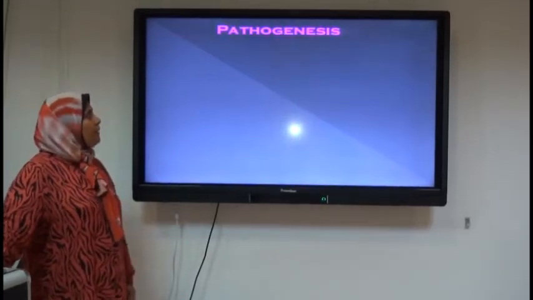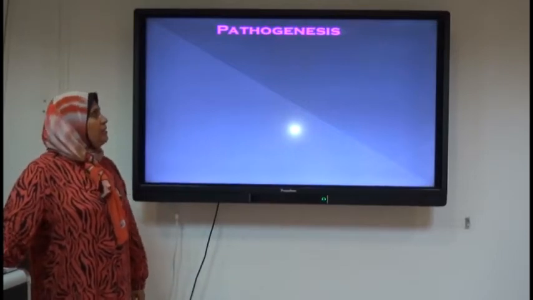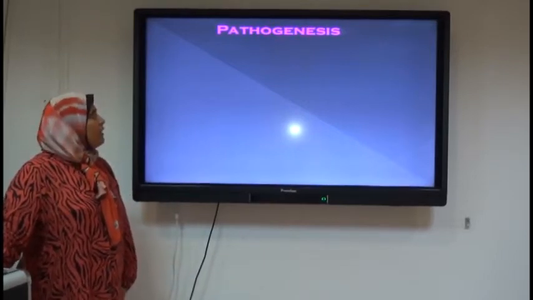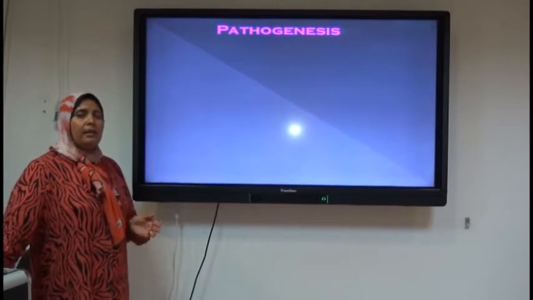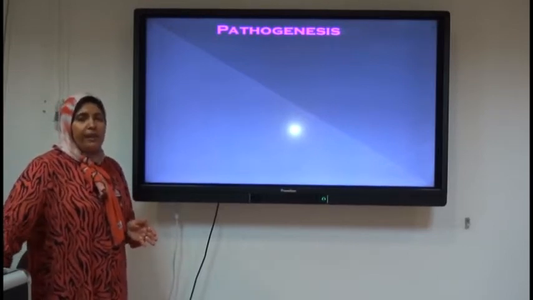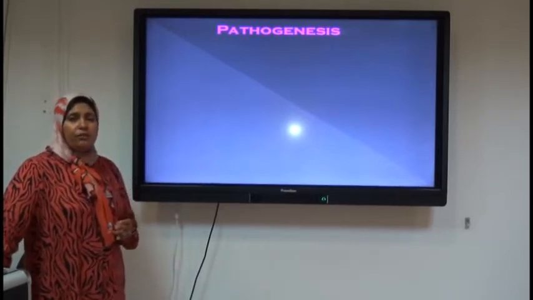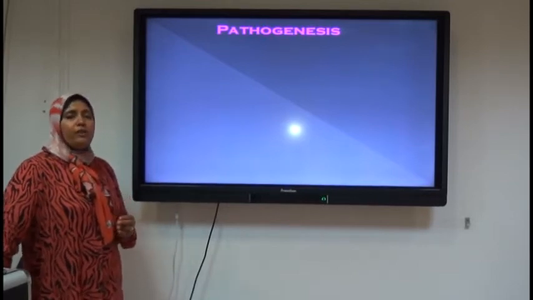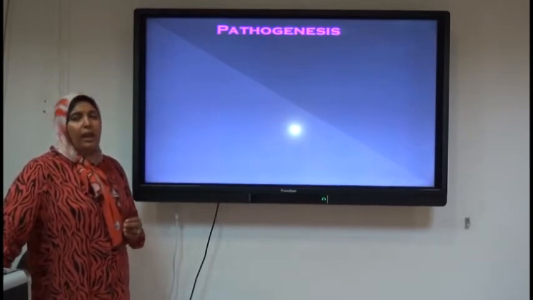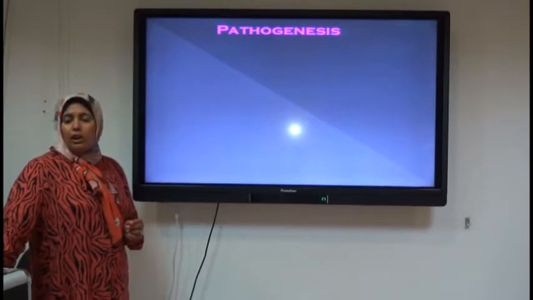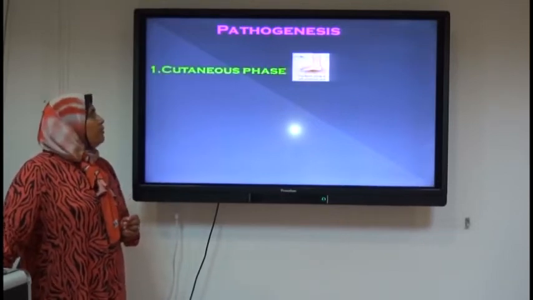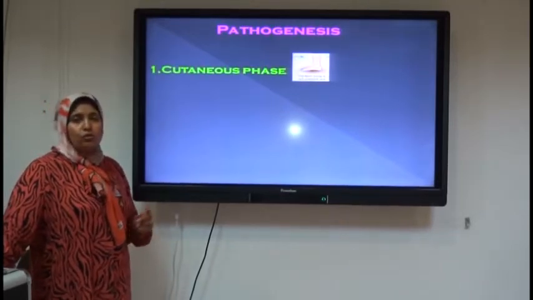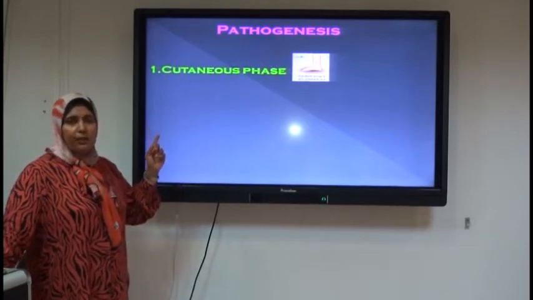Speaking about the pathogenesis of this disease, Strongyloidiasis, as we said in the life cycle, the infective stage is the third stage filariform larvae. The mode of infection is skin penetration, and once penetrating the skin, it will jump to the circulation. So the first stage is the cutaneous phase.